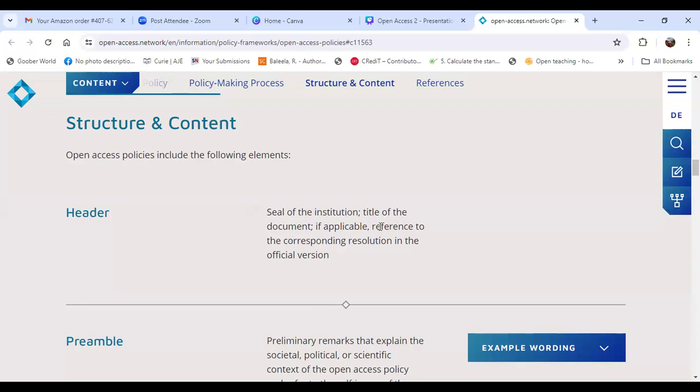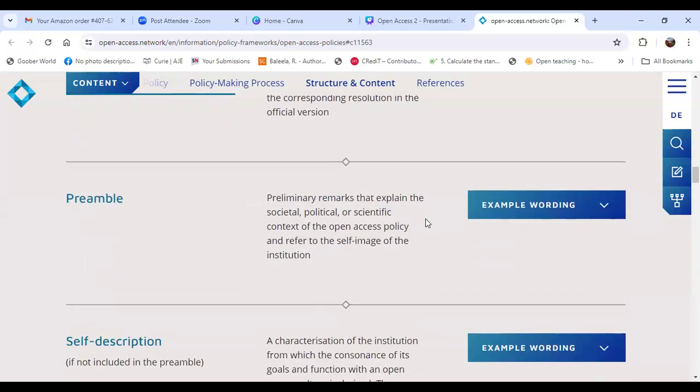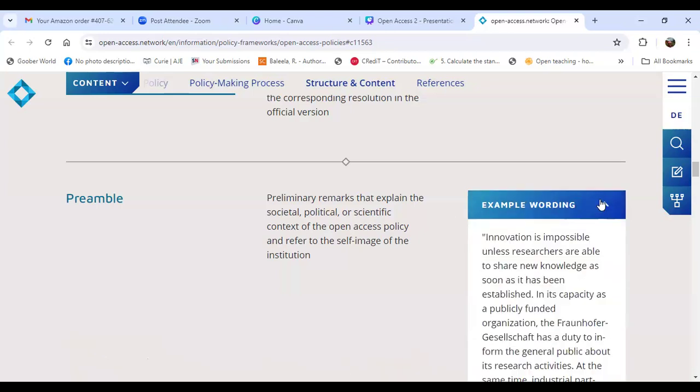You will find the title of the document, if applicable, and a reference to the corresponding resolution in the official versions. When you look at the preamble, and this is law people's jargon, it means introduction in simple words. This explains the societal, political, or scientific context of the open access policy and refers to the self-image of the institution, and you will find examples of wording.